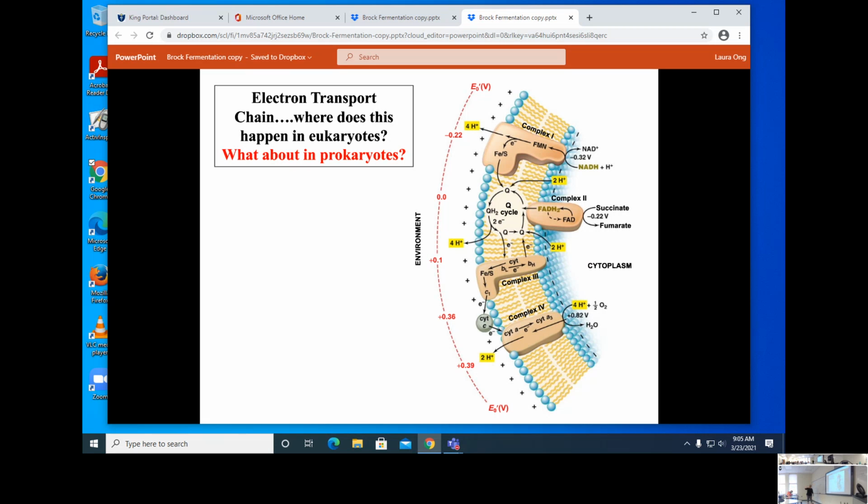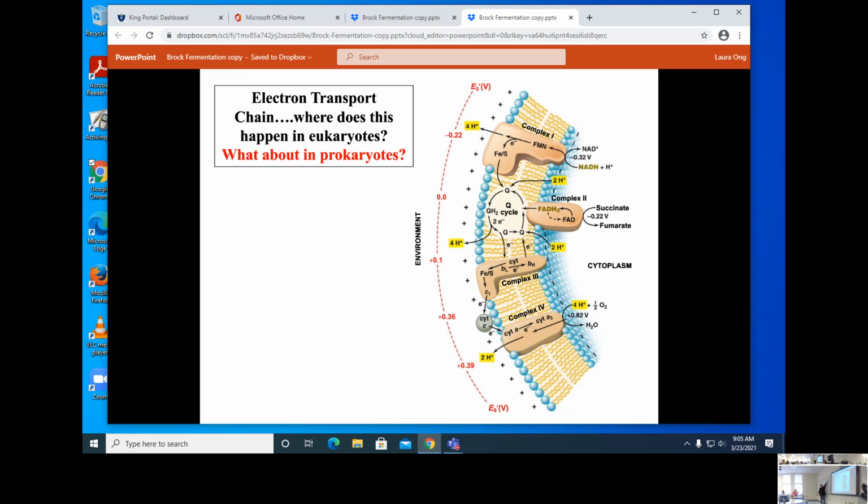All of this depends on a constant handoff of electrons, one to another, starting with NAD plus picking up electrons in glycolysis. So the electron transport chain backs up. NADH has no place to put electrons.